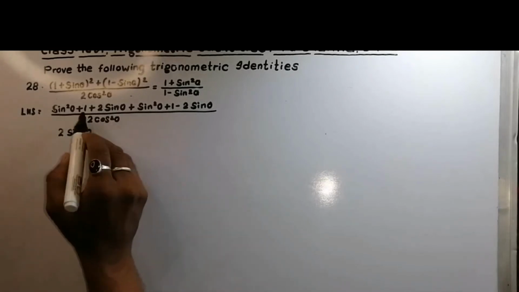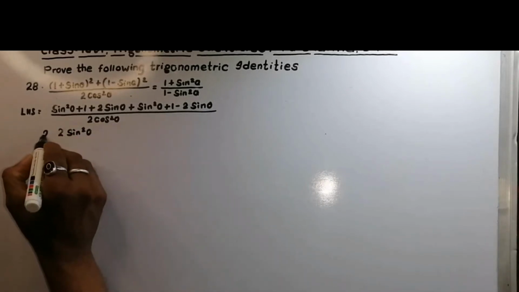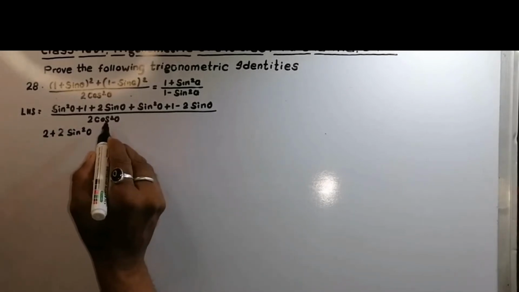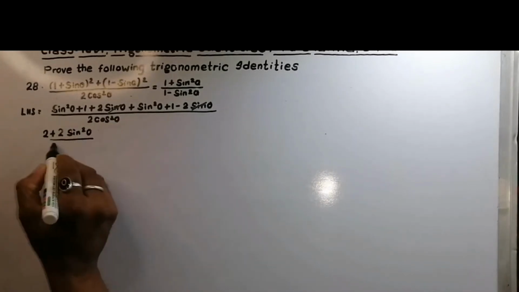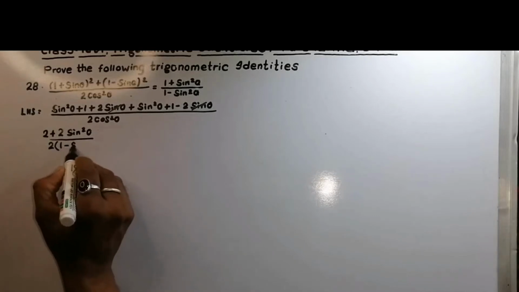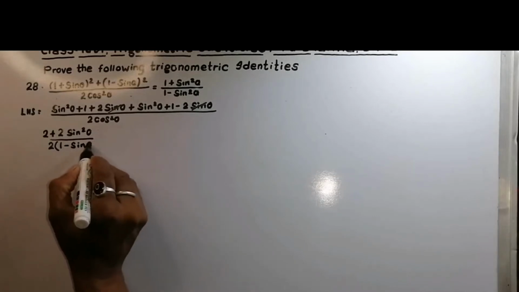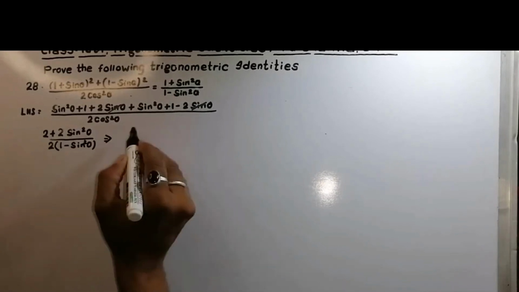And this 1 plus 1 makes 2, so we can write 2 plus 2 sin square theta, and this upon 2 cos square theta, which we can write as 1 minus sin square theta. So here we get 2 plus 2.